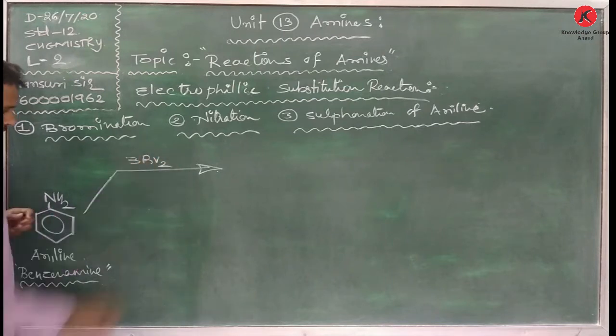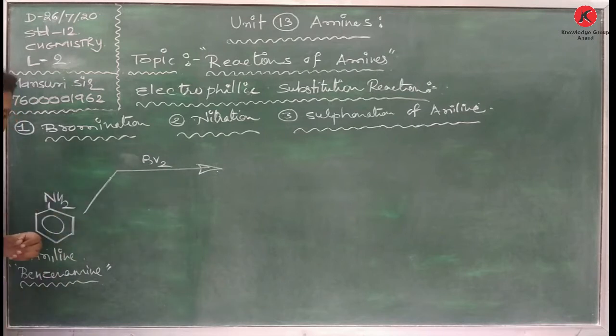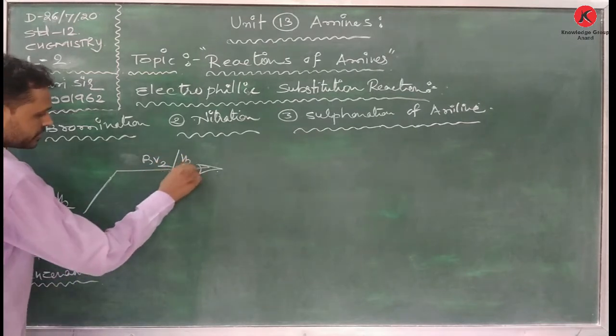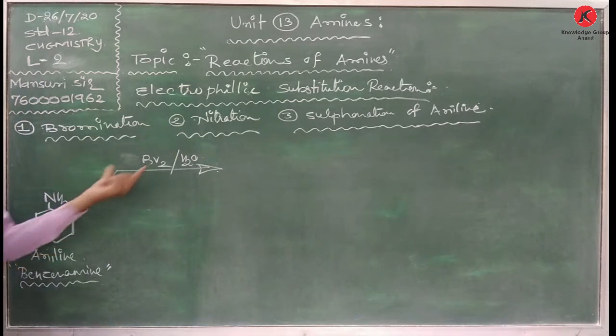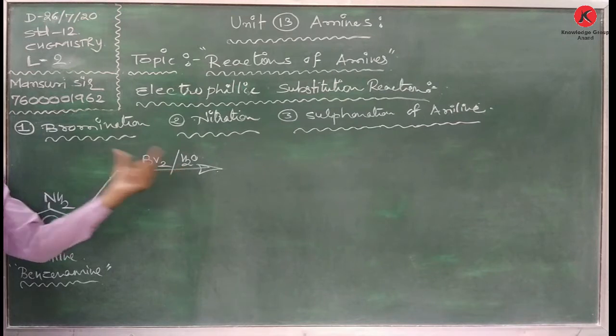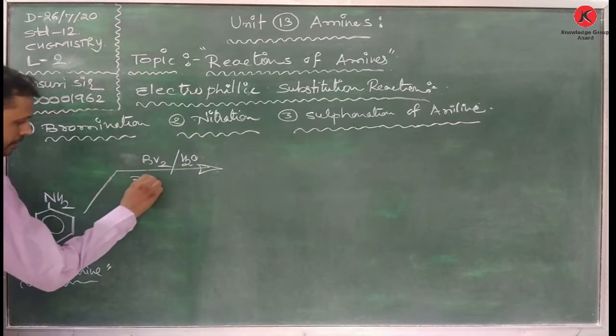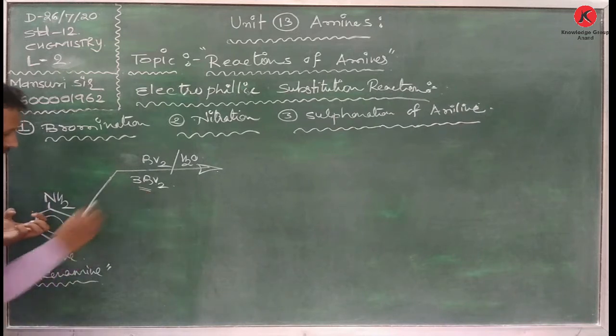Br2 water, 3Br2, in other words bromination in presence of water. So when aniline reacts with bromine water, the hydrogens at the ortho, para and ortho positions will be removed with bromine.